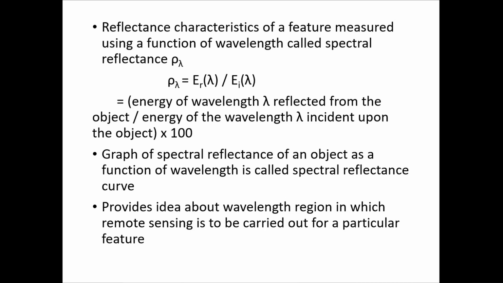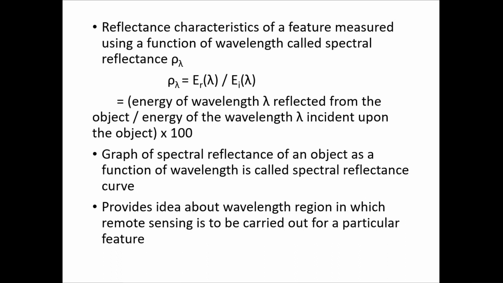Not only is it different for different features, but also for the same features, it can be different at different wavelengths of sensing. Clear? So if you look at the spectral reflectance pattern of an object as a function of wavelength, you can distinguish almost every single feature on the Earth's surface, because the reflectance pattern for different wavelengths is different for each feature on the Earth's surface. Is that clear?